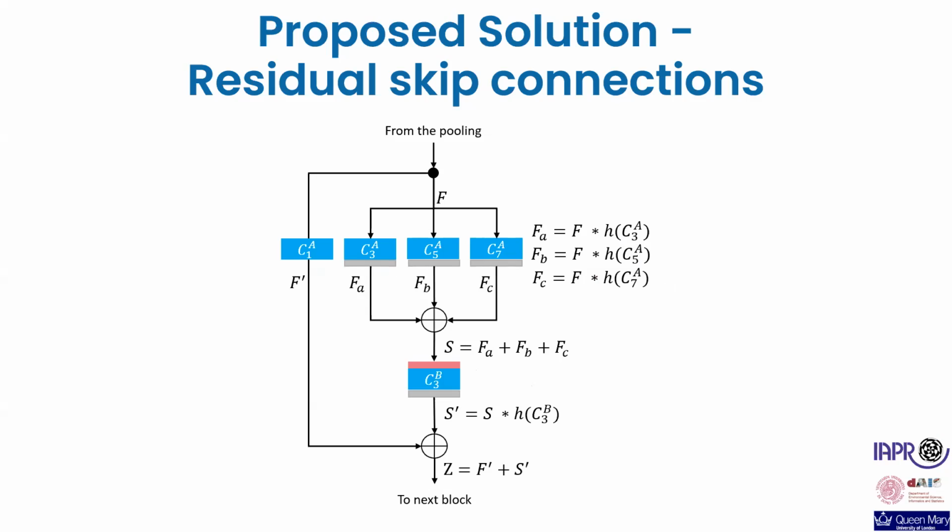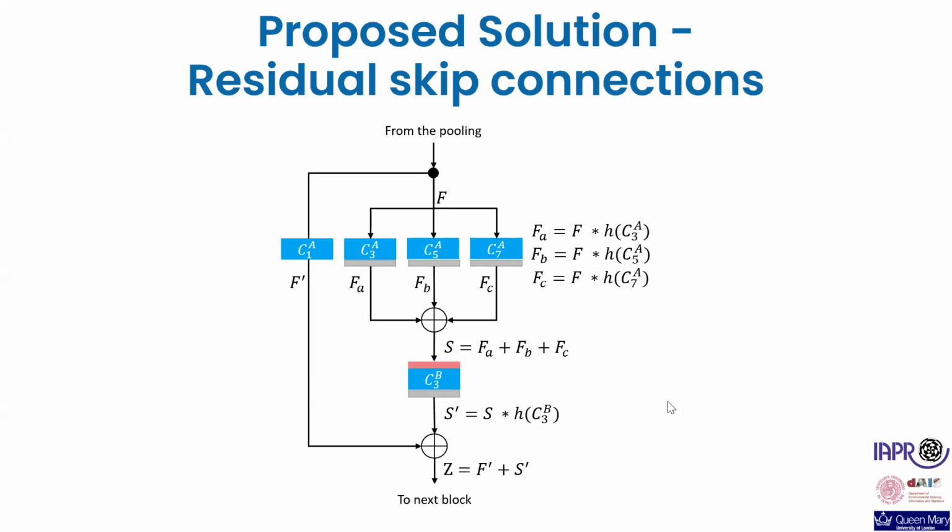This is done after an additional convolution C3B, which is applied so as to obtain the feature map S dash, where S dash is the multi-scale feature map.